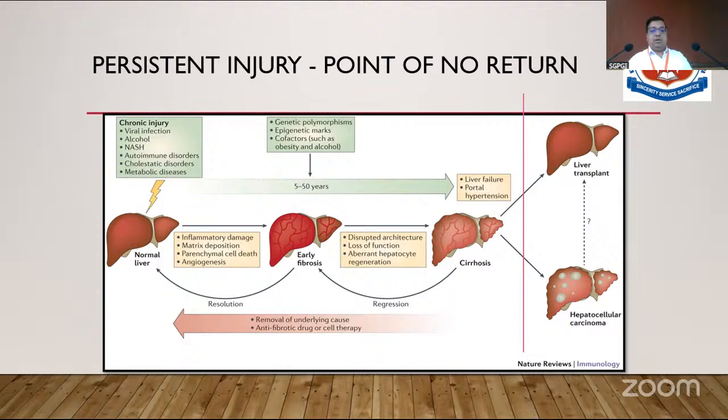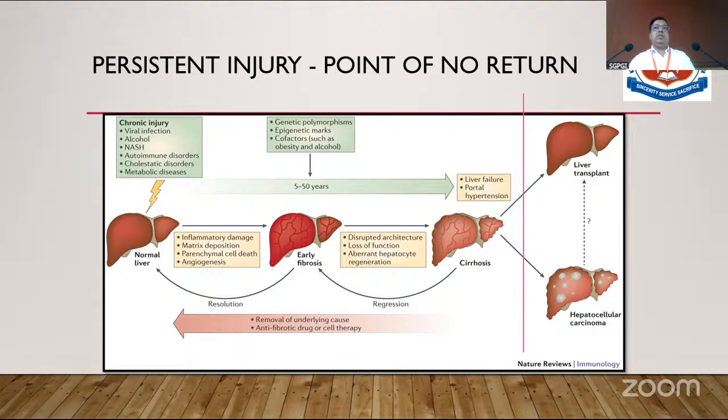So cirrhosis developed, that is, F4 fibrosis developed. After that, usually the liver will not regenerate. In the initial state, if we correct the etiology, like if the patient leaves alcohol or we treat viral hepatitis, the liver will regenerate. But in the cirrhotic condition, the liver will not regenerate.